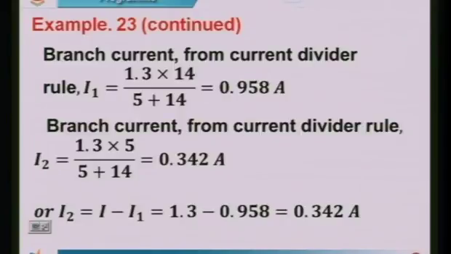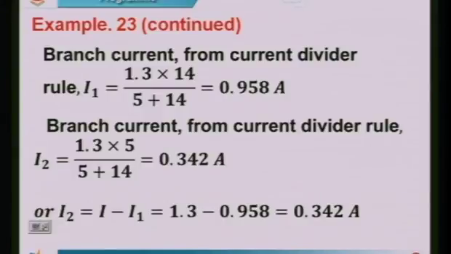The current I2 will be equal to, either you can go for this method or you can say the total current 1.3 minus this current will give you this current. That's 1.3 minus 0.958, which comes to 0.342 amperes.